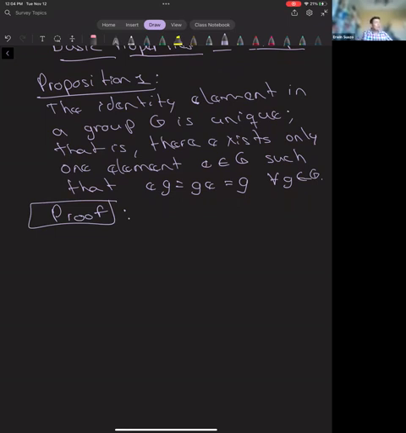I made my proof before. So let's see, let C be another unit element. Okay. No, identity element, no unit.